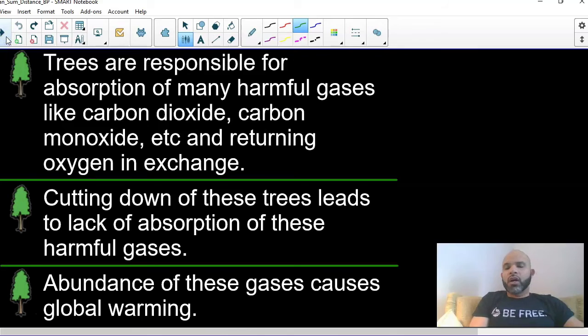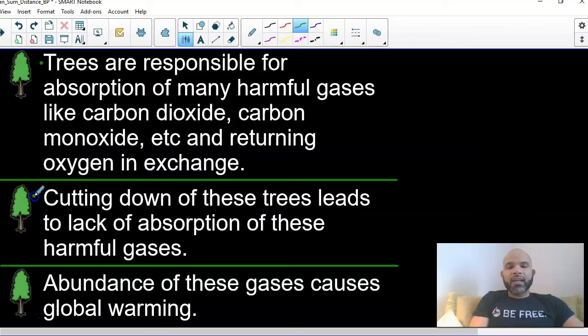So let's just talk about it real quickly. What's the problem with deforestation, cutting down a bunch of trees? Well, let's read these points here. First of all, trees are responsible for absorption of many harmful gases like carbon dioxide, carbon monoxide, etc., and returning oxygen in exchange. That's what they do.